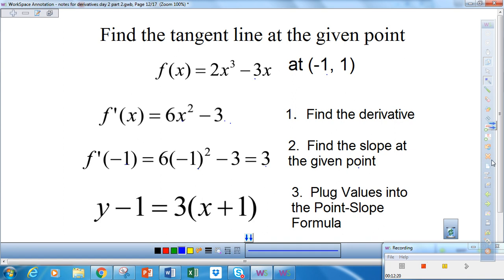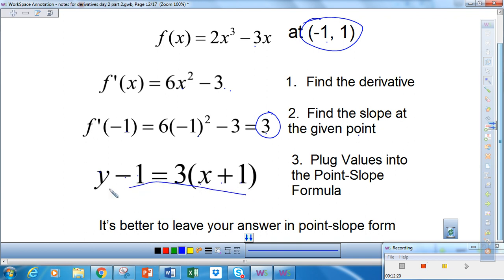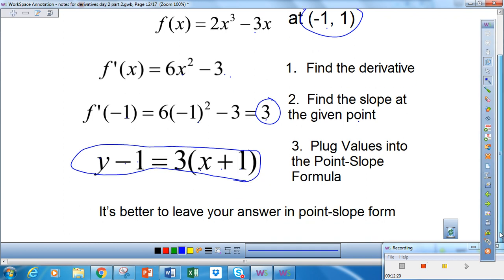Now I'm going to use the point-slope formula because I have a slope and a point. So it's y minus y1 is equal to m, which is my derivative, times x minus x1. It's okay to leave your answer in this form, because it's easy to make mistakes with this, so just leave your answer like that.